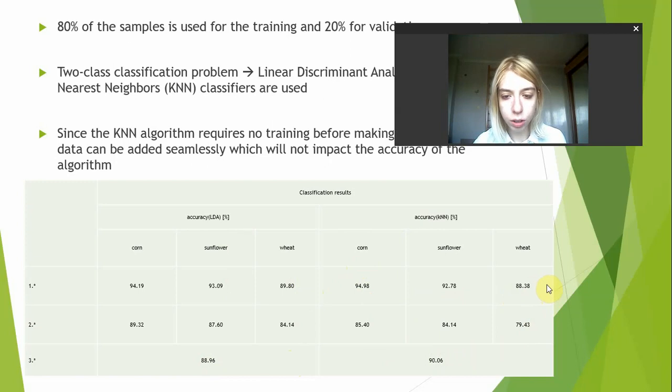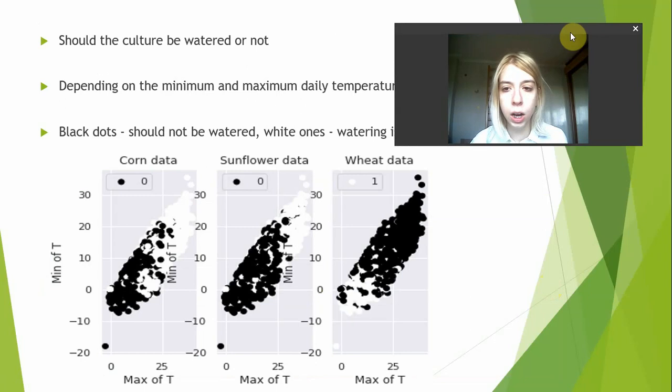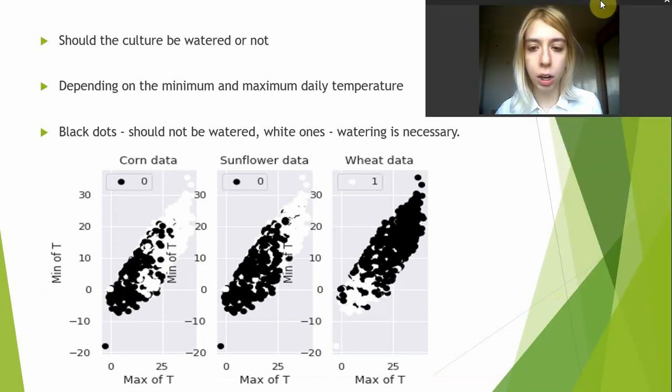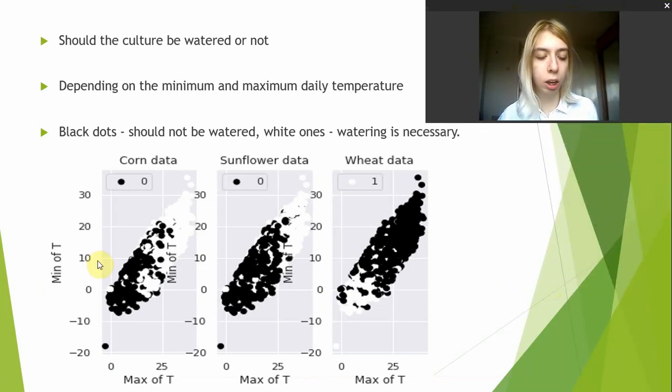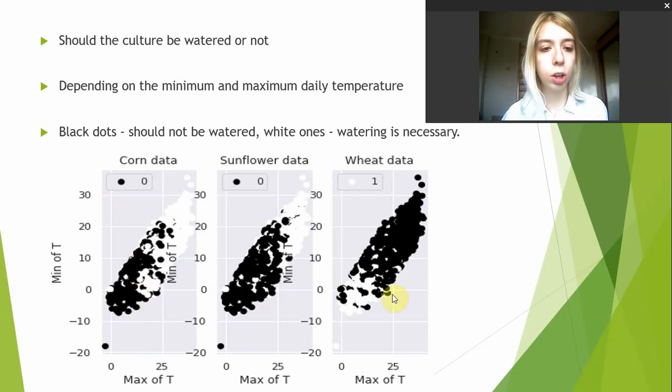So the predictions are quite reliable. Also, we have here the graph saying if the culture should be watered or not, depending on the minimum and maximum daily temperature. As we see, black dots say that it should not be watered, and white ones say that it should be.